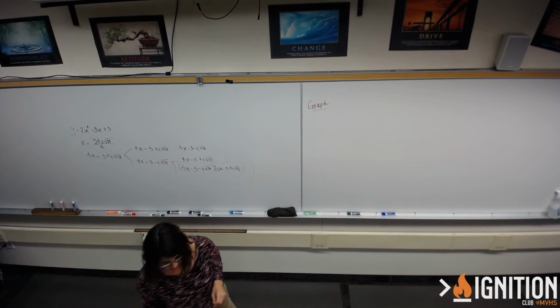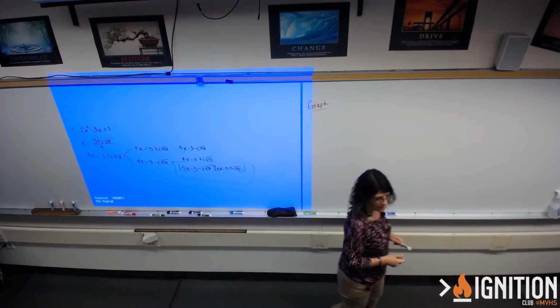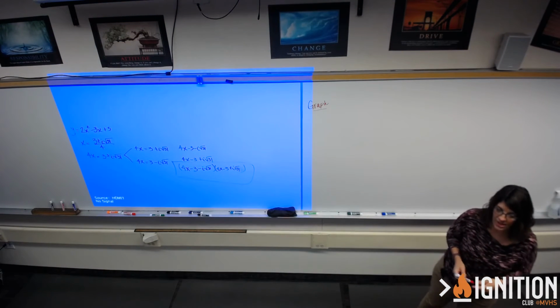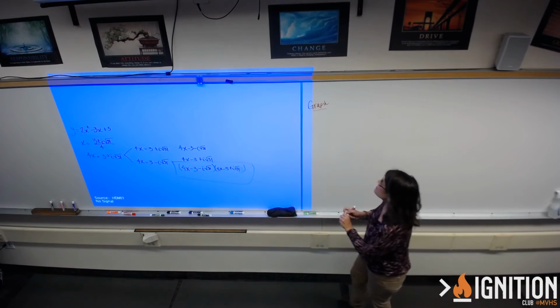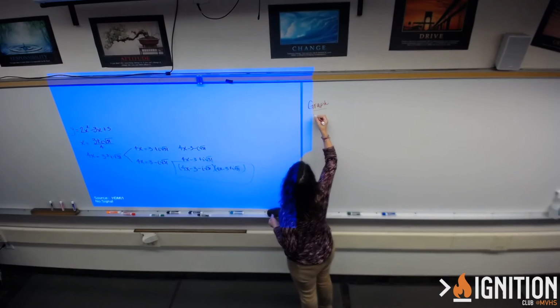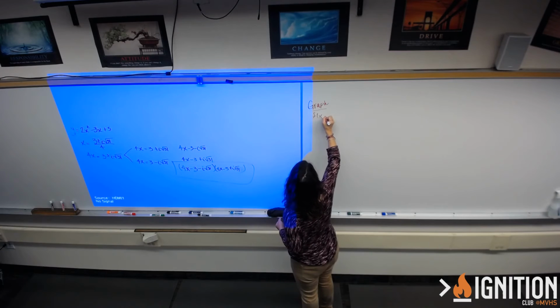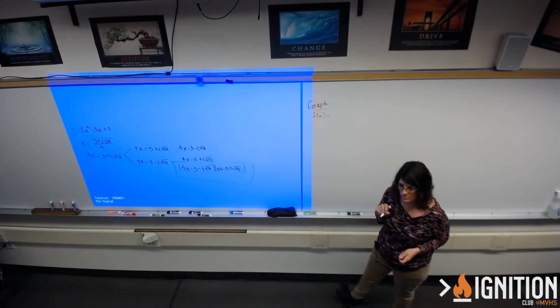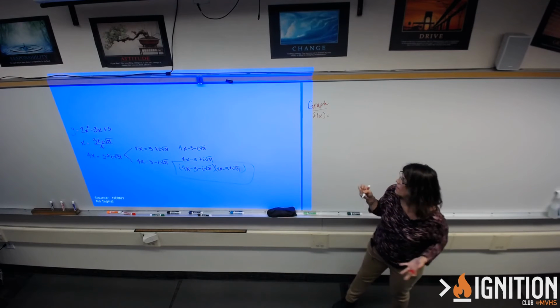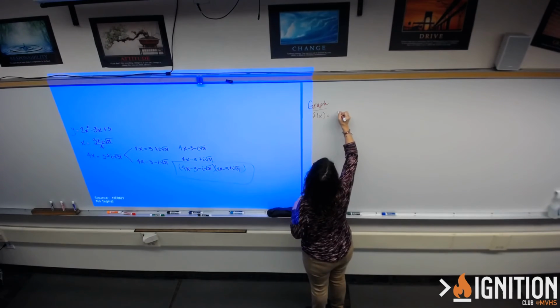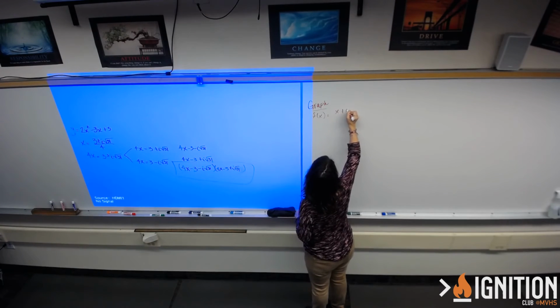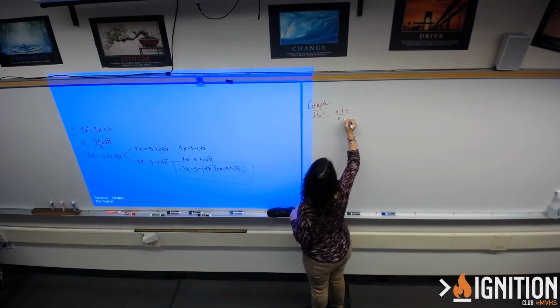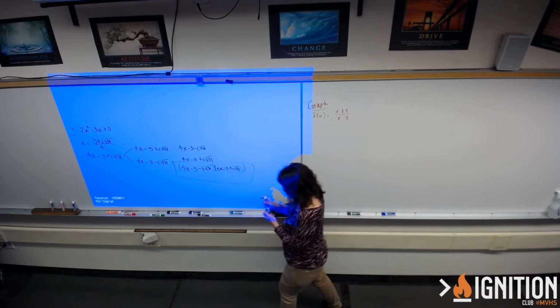Division by 0 on yours somewhere. Supposed to divide by 0. Let's start with x plus 3.